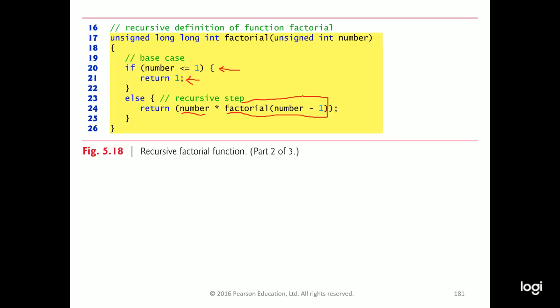So it calls itself again, and keeps doing that until you get down to the point where the number is 1, and then you trace it back up the stack to get the factorial.